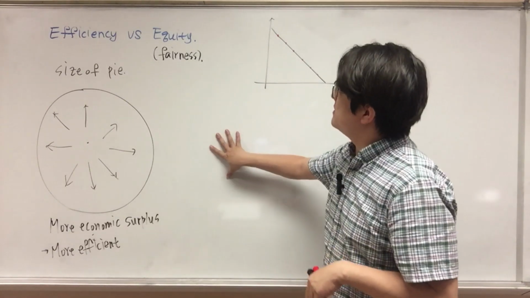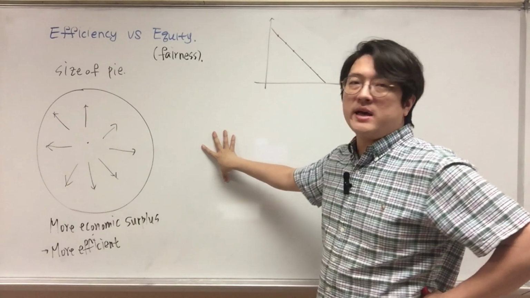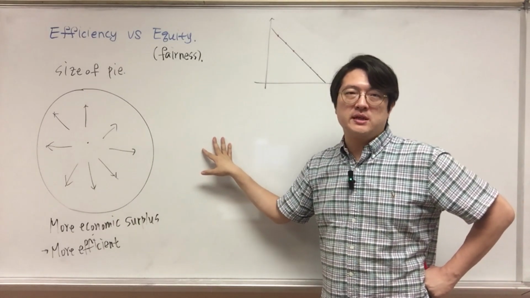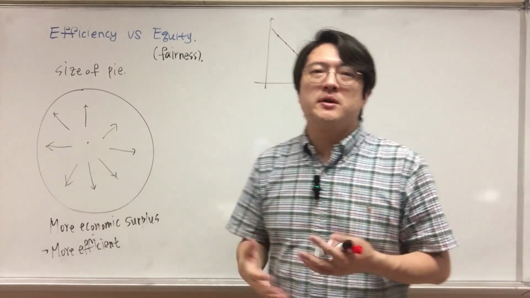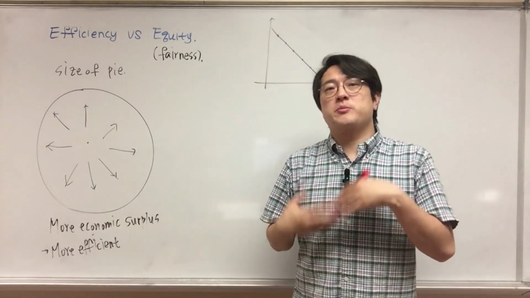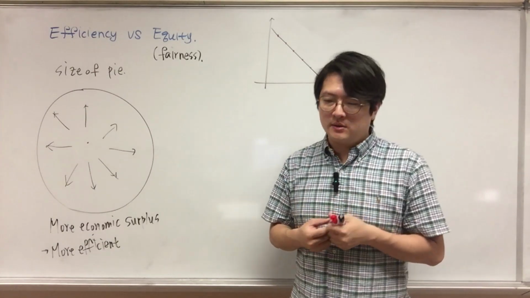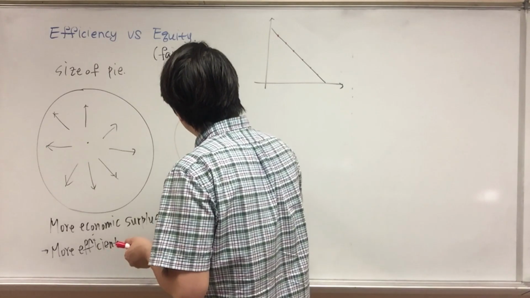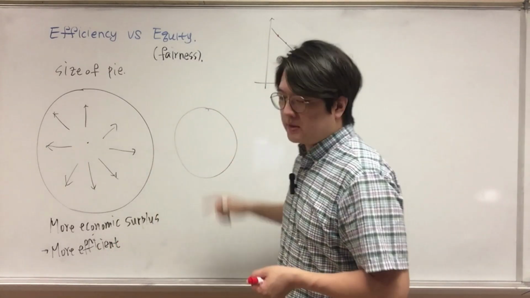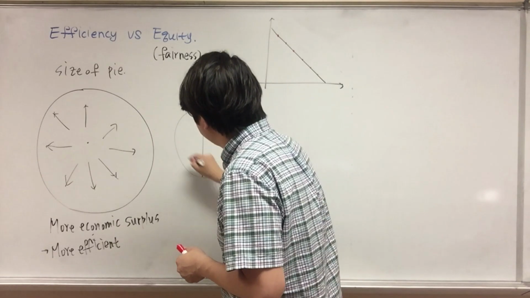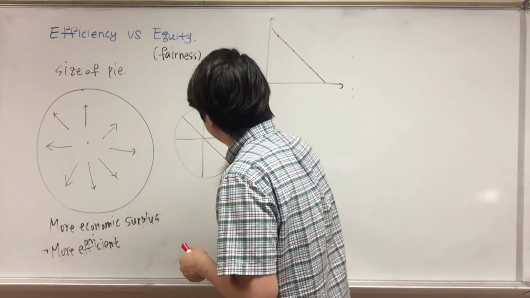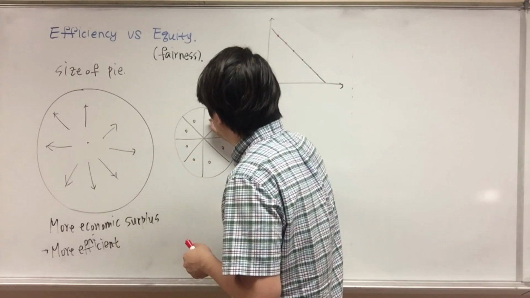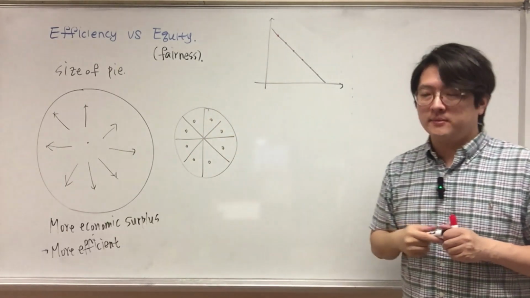How about fairness? Fairness is equity. Fairness usually ignores efficiency. Instead they focus on the equitable distribution of economic surplus. So even though they have a small pie, they want to distribute it equally, so each piece is the same size.